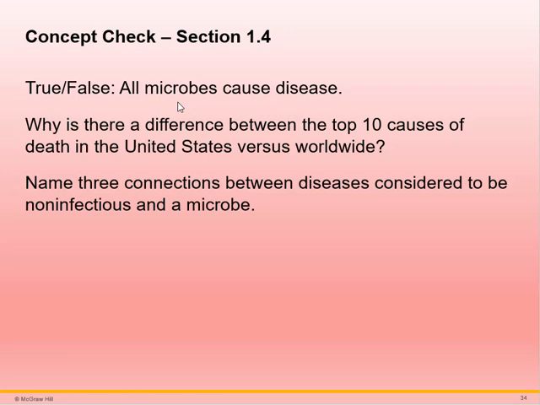Worldwide, I guess it depends on what part of the world you're talking about, but overall there are a lot more infectious diseases on the top 10 list of causes of death than in the United States. So, three connections between diseases considered to be non-infectious and a microbe.